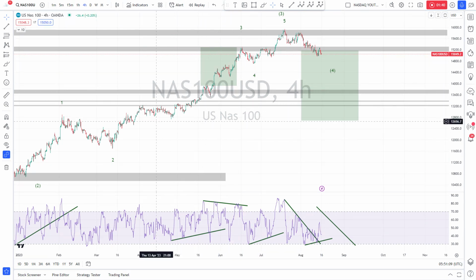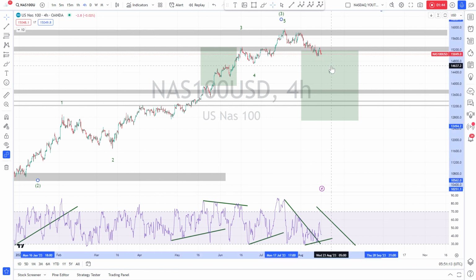So I believe this here was a wave 3, and we are currently working on this wave 4. We reached the area of this wave 4, and now we have to see if this will be a shallow wave 4, which should be finished soon, or do we get something deeper, a deeper correction into this area.